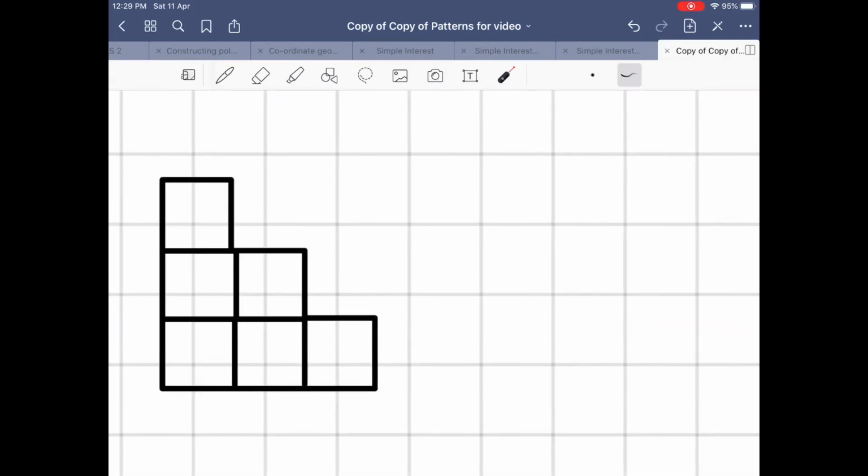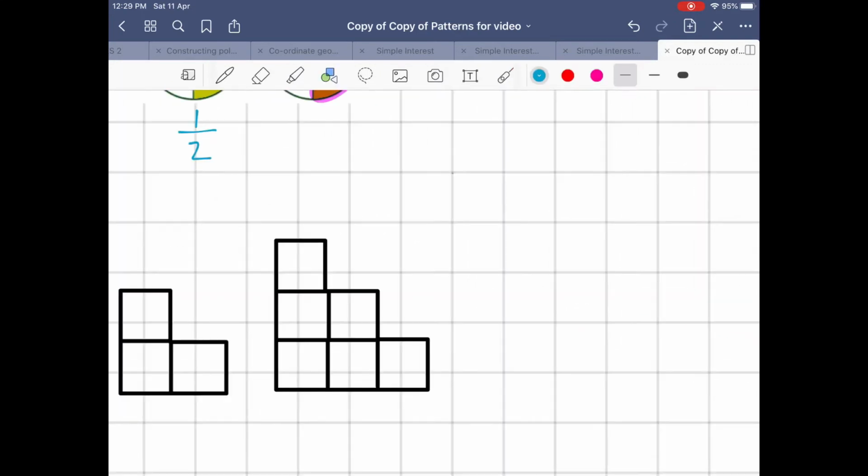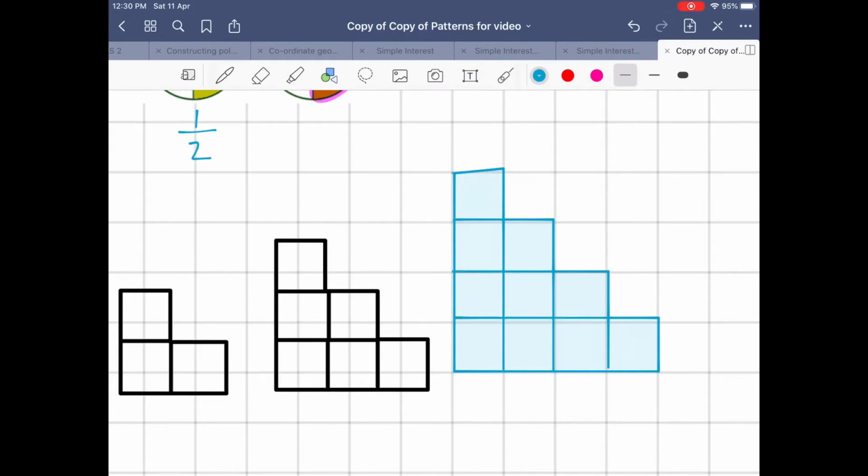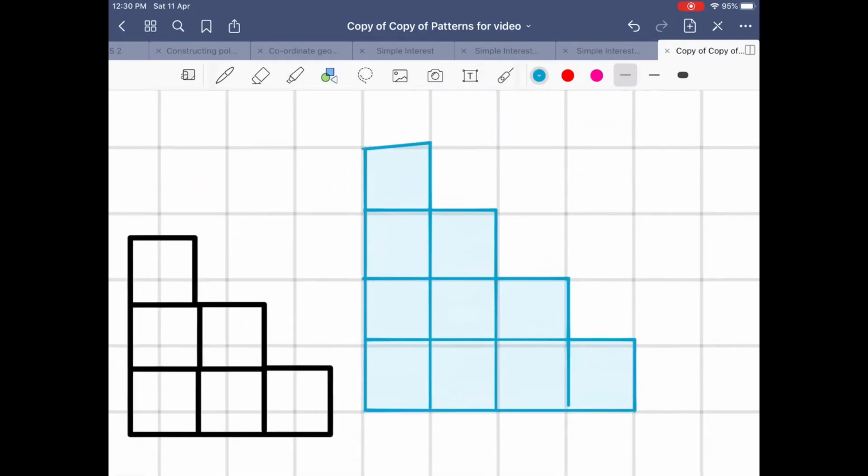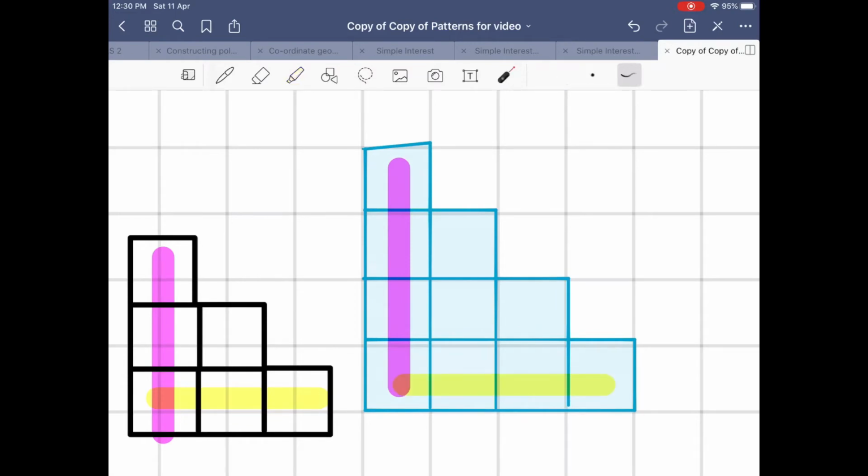So we know that the next shape will also increase. So this is what the next shape would look like. We can see that we had 3 here before, now we have 4. We had 3 here, now we have 4 here. On the inside we have the same step pattern.